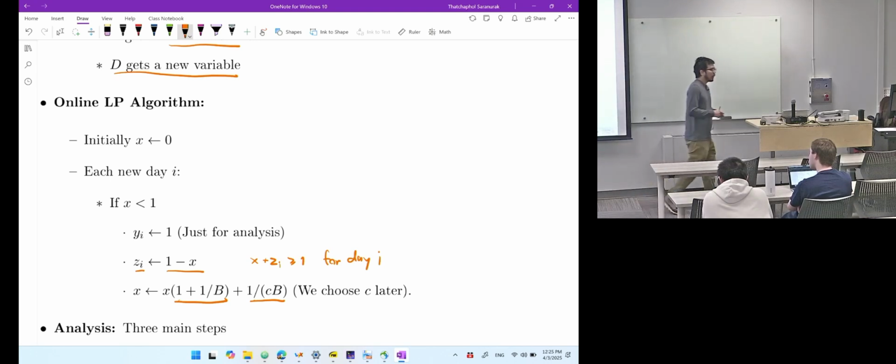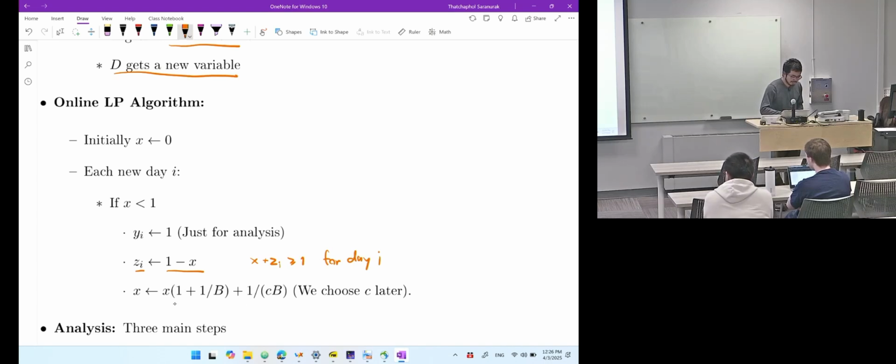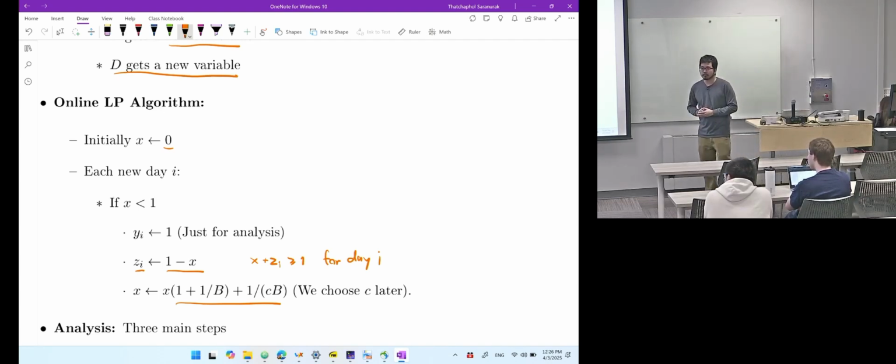You can think of x as starting with something like 1 over b and increasing exponentially at this rate. But the math looks a bit nicer if I just start with 0 and then set it like this. Is the algorithm clear? Okay.